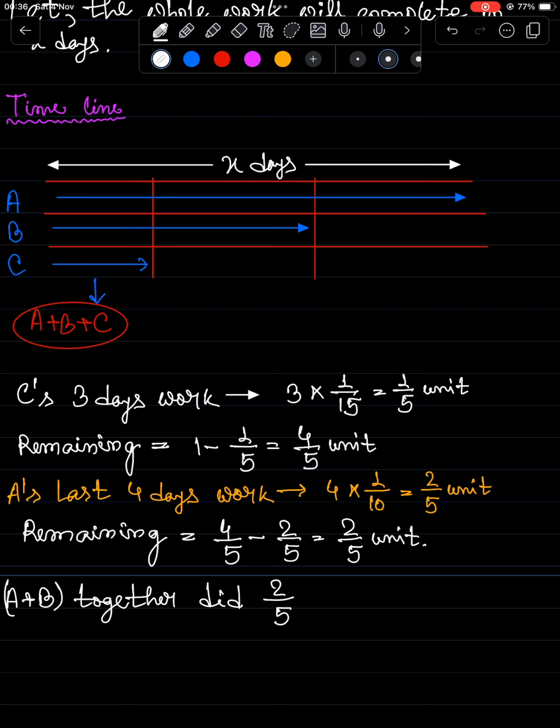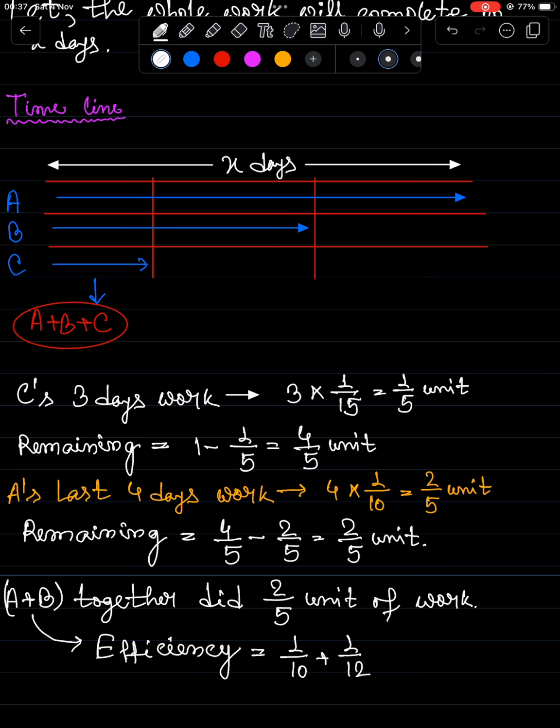So we have calculated C's portion and A's last 4 days. Now this 2 by 5 unit will be done by A and B together, correct? Which is represented in the second column. So A plus B together did 2 by 5 unit of work.